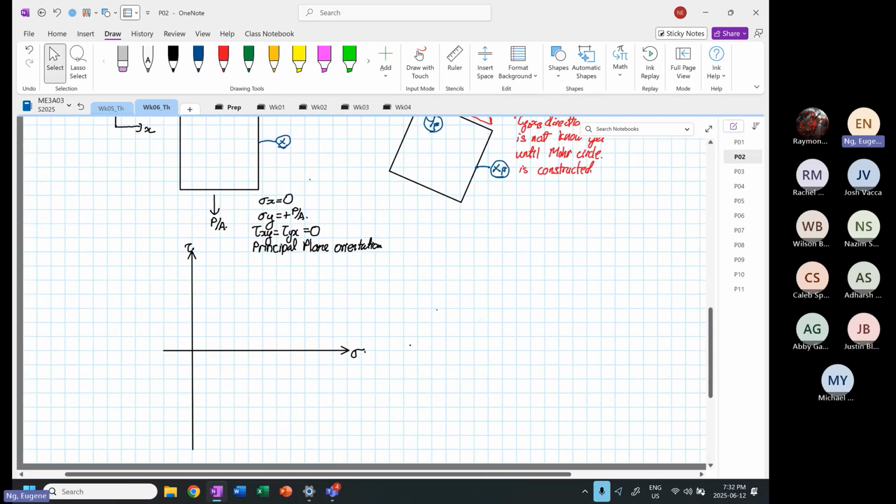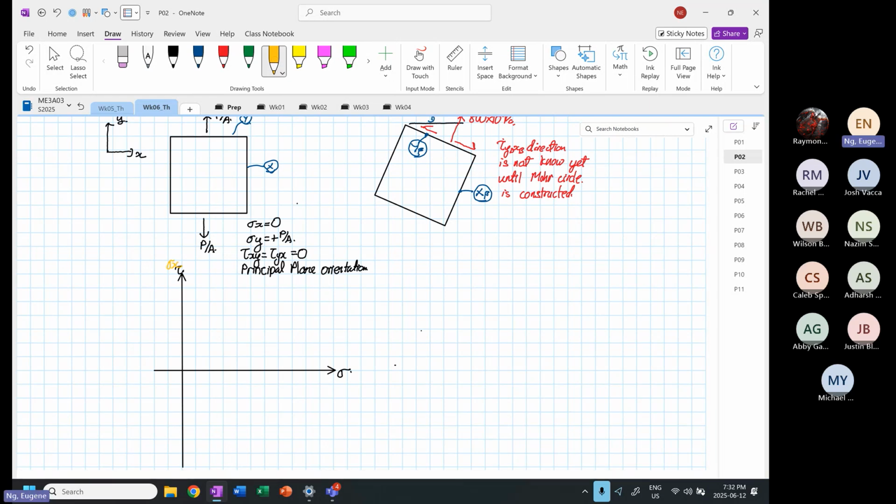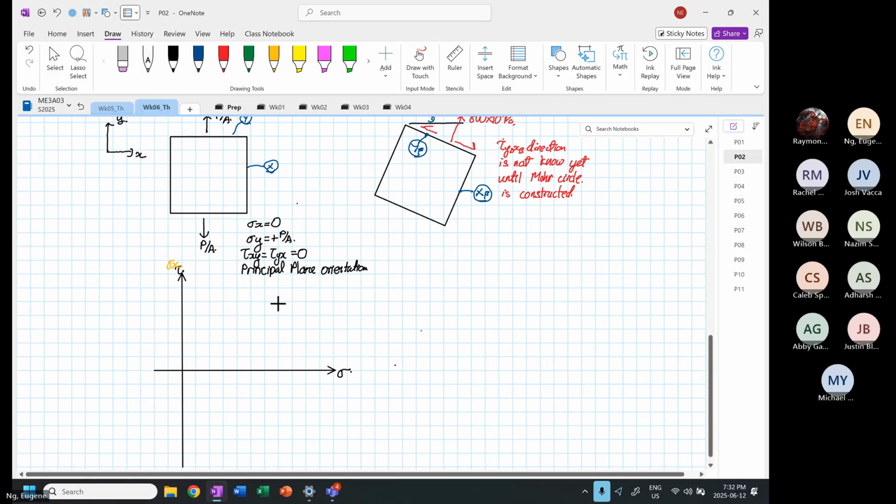So we know now point X is equal to 0, right? So this is our stress X line. And the next line I'm going to draw is our stress Y line.